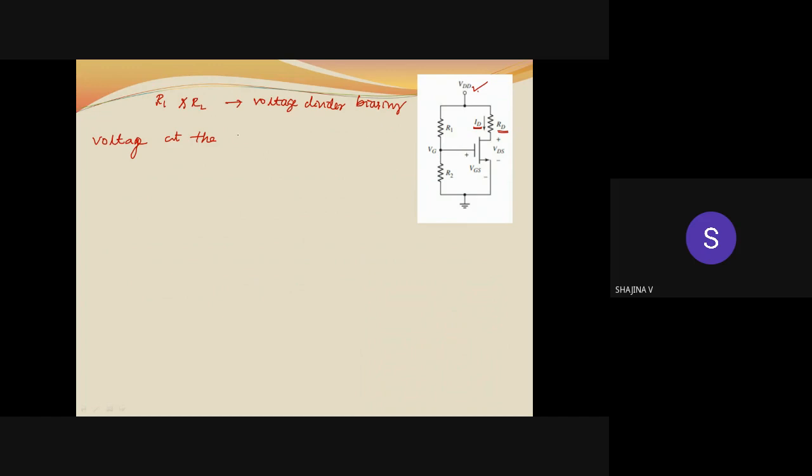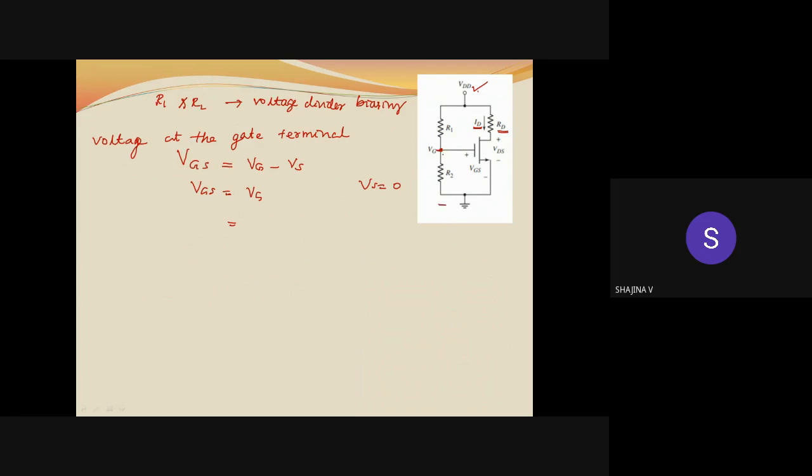So the voltage at the gate terminal, that is VGS, is equal to what? VG minus VS. In this case, we can say VS equal to 0. So we can write VGS is equal to VG. So what is VG? VG is the voltage at this point, that is between this point and ground.